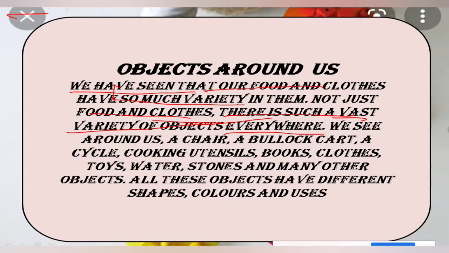All these objects have different shapes, colors, and uses. So I have just explained that there are vast varieties of objects everywhere. You can see some objects around you, and they have different sizes, shapes, colors, and uses.